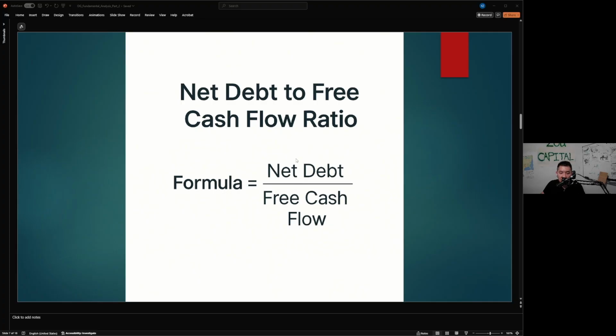Net debt is basically total debt minus cash and cash equivalents on hand, and free cash flow is basically the money left over after covering all essential expenses. In other words, the amount of money you can take home or do whatever you want with it, assuming you own 100% of the business.